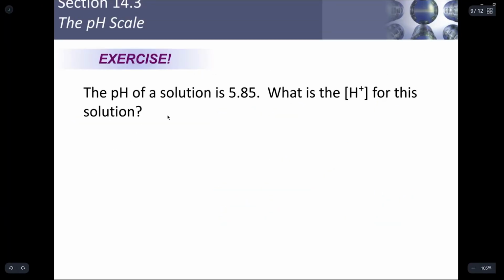Okay, so what we can do to solve these types of questions where it asks you to convert the pH into concentration of H plus is we can use either shift solve, where we say 5.85 is equal to negative log of x on our calculator, or we could simply just put 10 to the power of negative pH on our calculator.